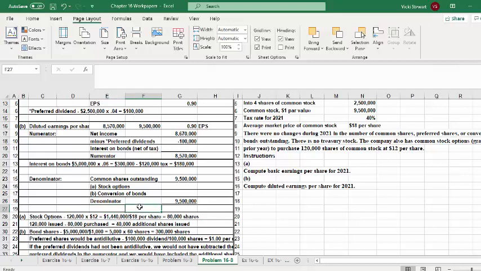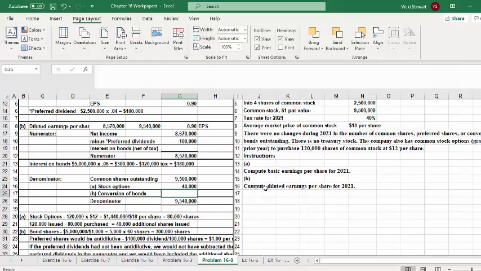We divide that by $18 per share, and that gives us the number of shares that we could purchase if we used the proceeds and bought the shares in the market. And we consider that to be like the Treasury shares, the shares that we are buying. We know we would have issued 120,000 shares if all the options had been exercised. We would use the proceeds to purchase 80,000, so the additional shares that we would include in the denominator for the stock options is 40,000 shares, the difference.